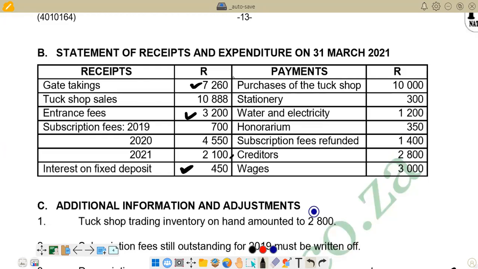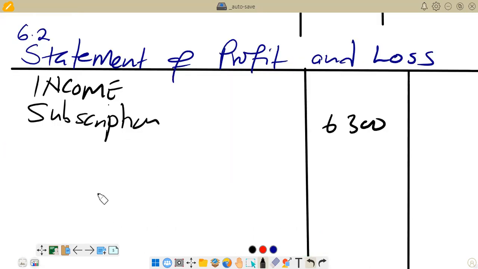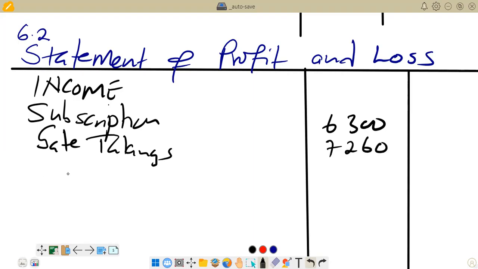So we are just going to list them and then add to get the total. So we go back there and list all of them. Firstly, we have our gate takings, and the amount that we have there is 7,260. And then we also have our entrance fees.